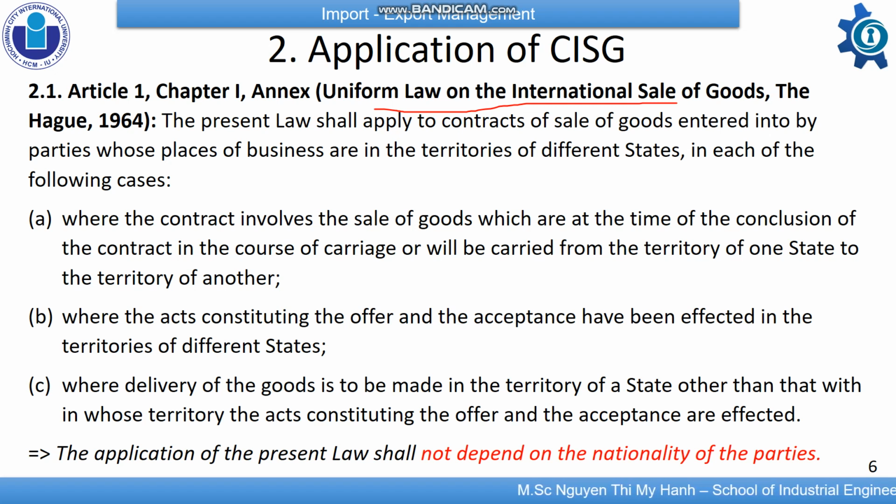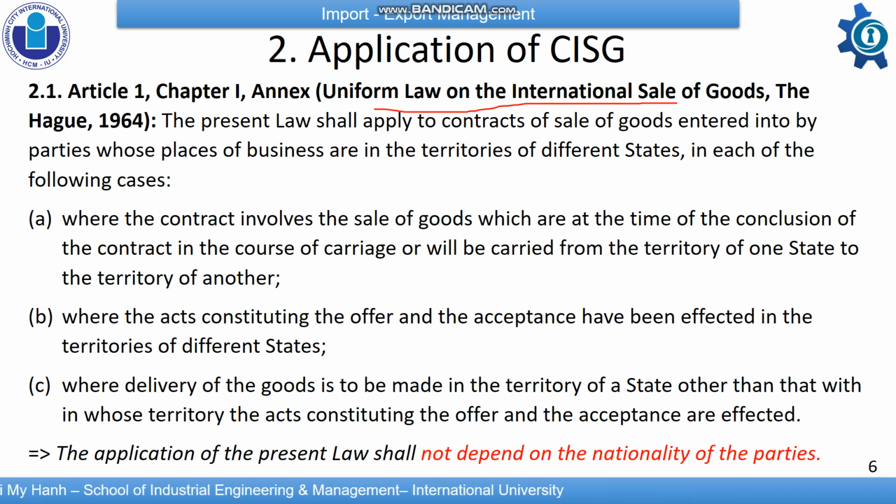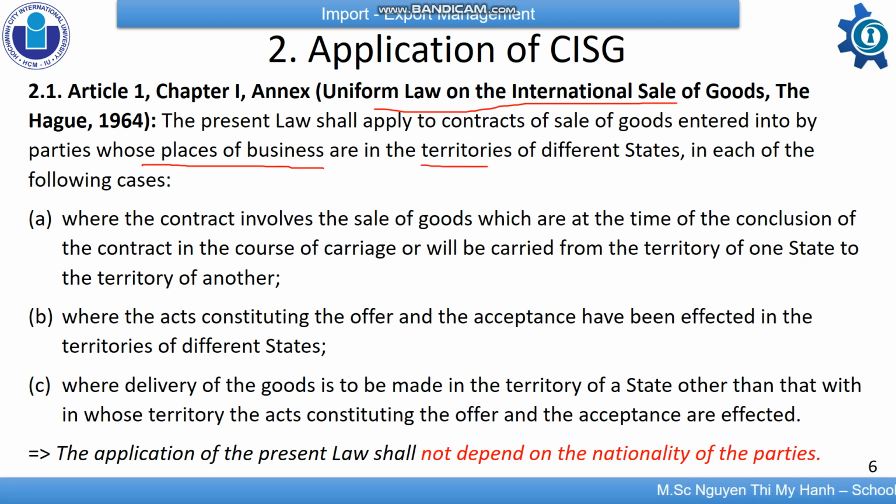They say that we can apply to the contracts of sale of goods by parties whose places of business are in the territories of different states in each of the following cases. So we have three cases.